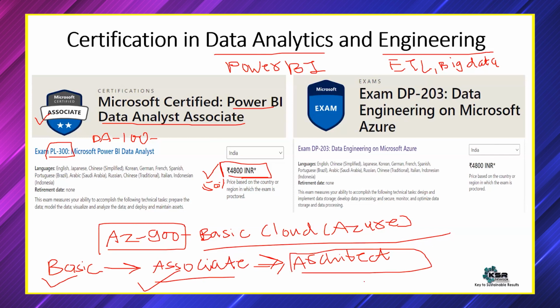This is a high level certification for 10 plus years of experience. Anything below this, you can attempt basic and associate. Architect is way higher, and you need to know every in-depth concept. Basic and associate are more than enough for us to enter any specific market.